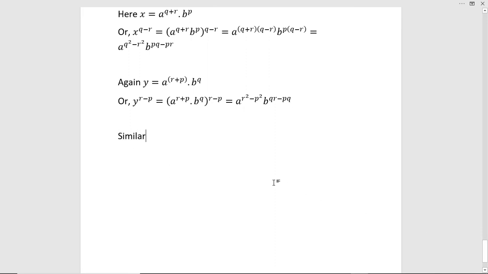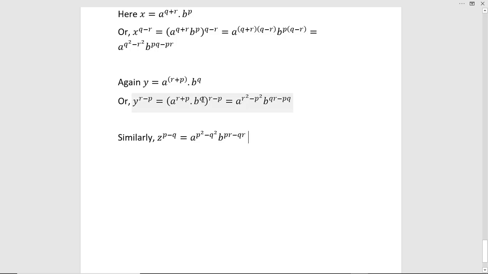And also z to the power p minus q will give, we have written it very briefly, because we could understand that when it was r minus p, it became r square minus p square. So when it is p minus q, it will become p square minus q square.